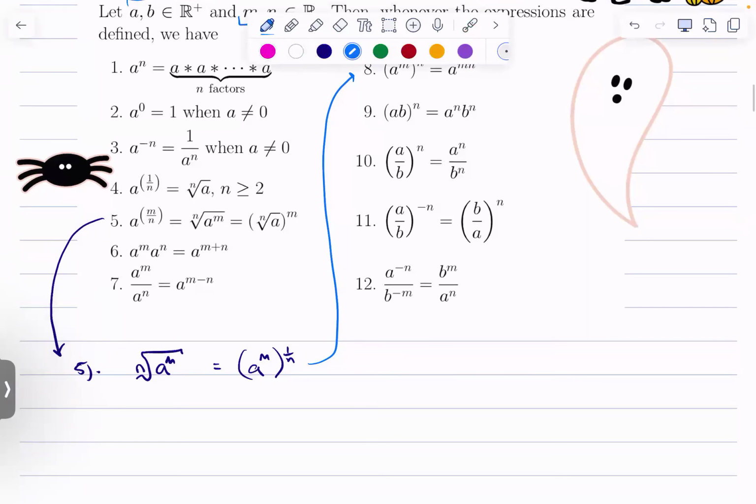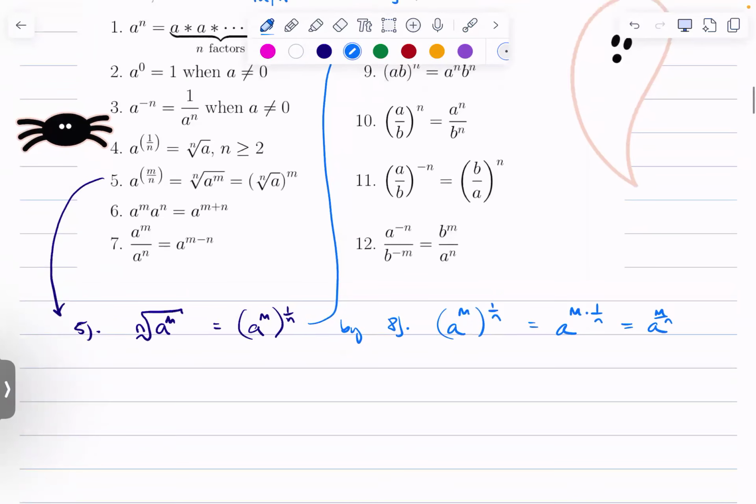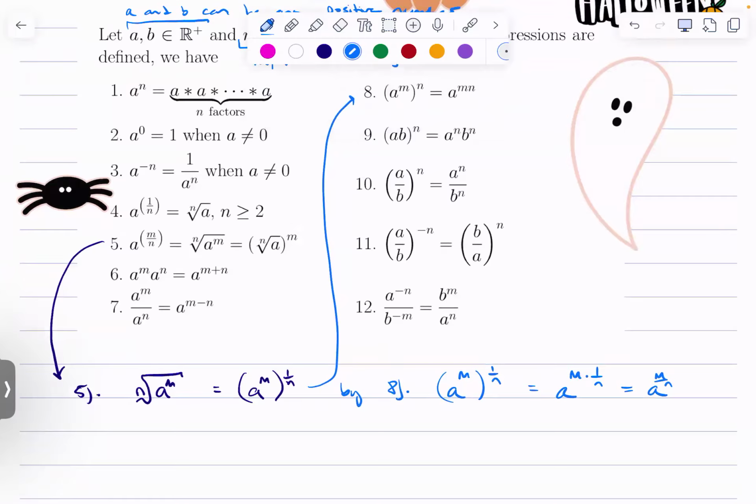Okay, and so here, by 8, a to the m to the power of 1 over n is the same as a to the m times 1 over n, which is a to the m over n. That's kind of a nice one. I guess it does leverage a later property, but that's okay.